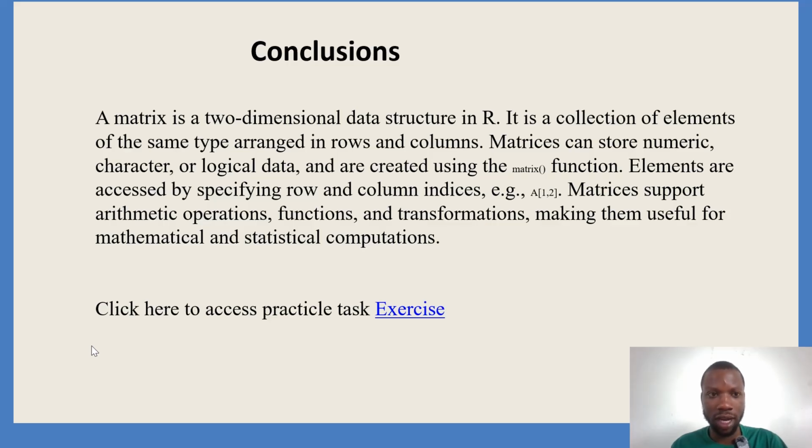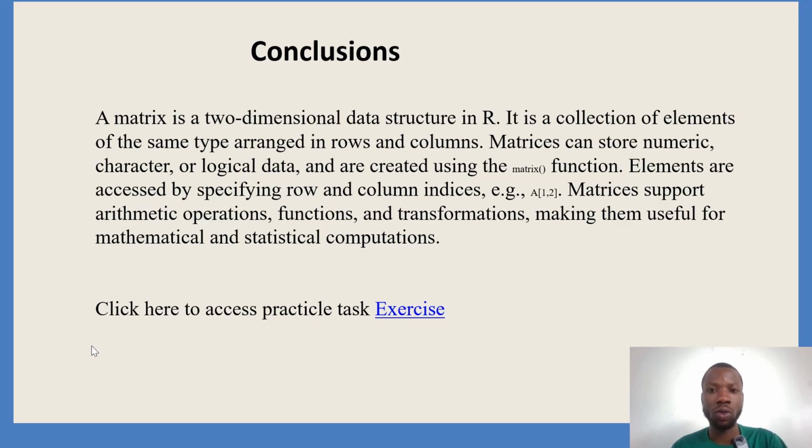So in conclusion, before we go to the practical side, a matrix is a two-dimensional data structure in R, and it also collects elements of the same data type arranged in rows and columns. A matrix can also store numeric, character, and logical data, and can be created using the matrix function.